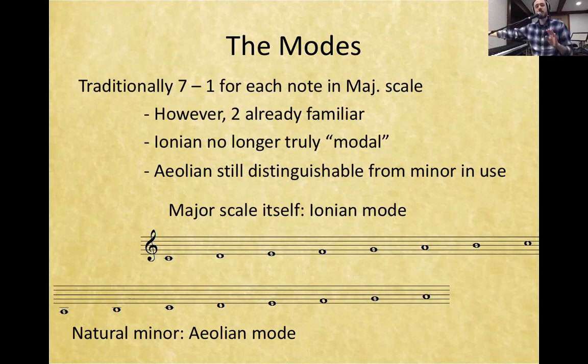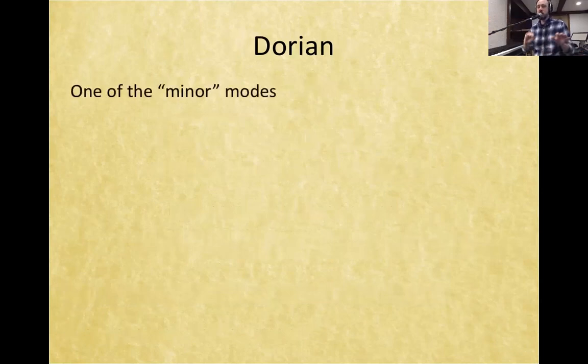But the others that we're left with here, these are the ones that have a much more distinct difference from the tonal world that we've been using. So let's talk about these specifically. And the first is going to be called Dorian, the Dorian mode. And this one is the first of what we're going to consider the minor modes.